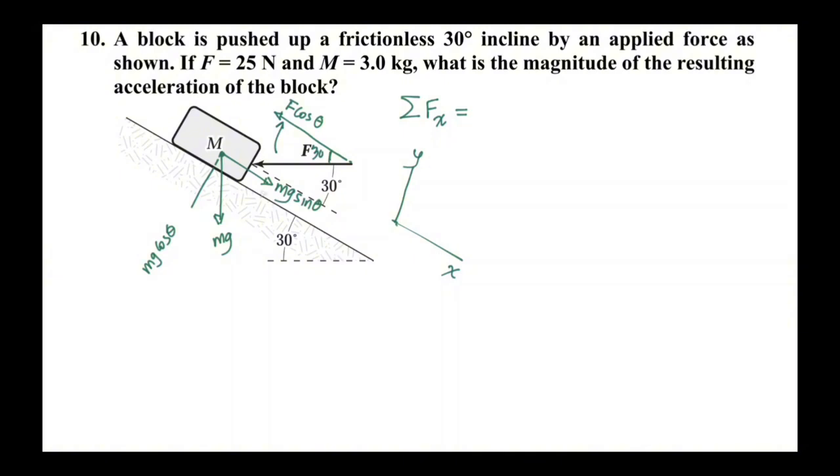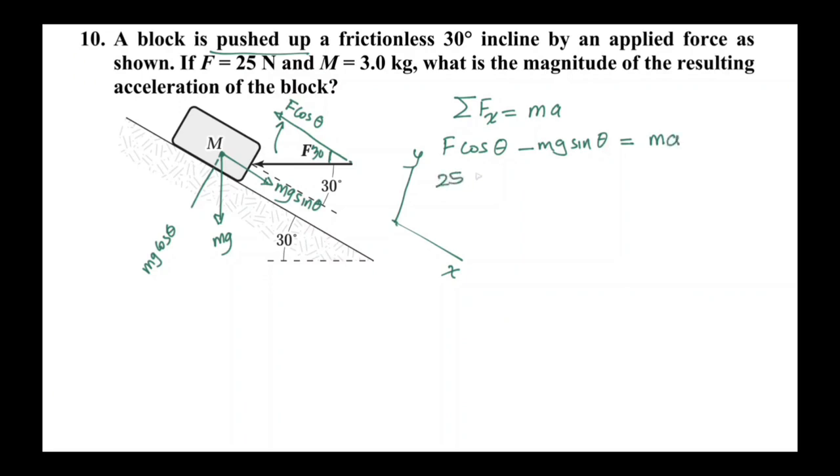On x we have mg sine theta and we have F cosine theta. Since the object is moving upward because it's pushed up, sum of all forces on x equal to ma. Now F cosine theta minus mg sine theta equal to ma. Now you substitute numbers.